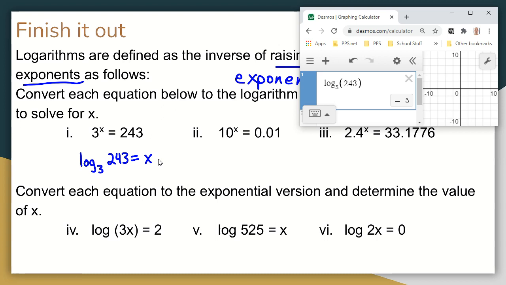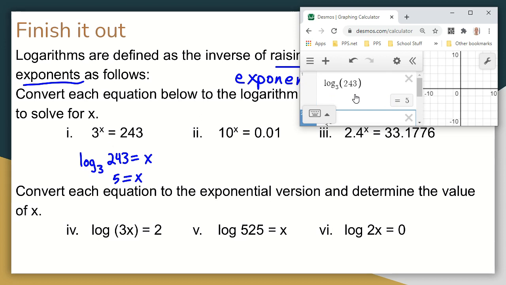That tells me that x is equal to 5. I can verify this: 3 to the 5th power is 243. So x is 5, so 3 to the 5th power is 243.